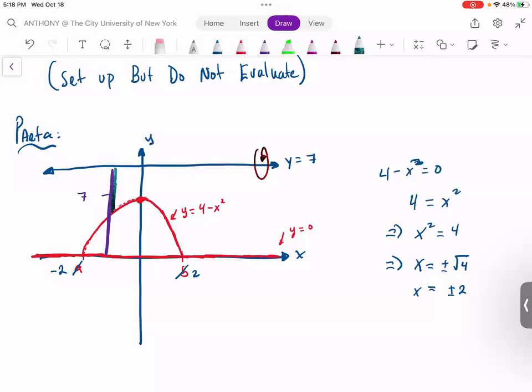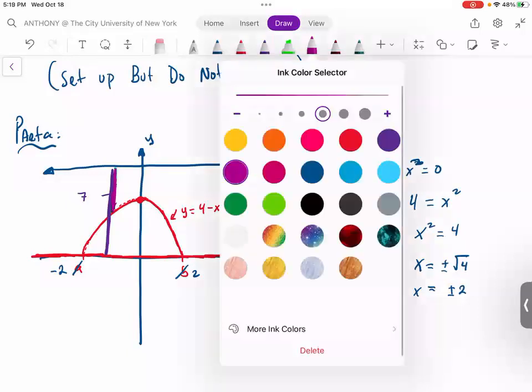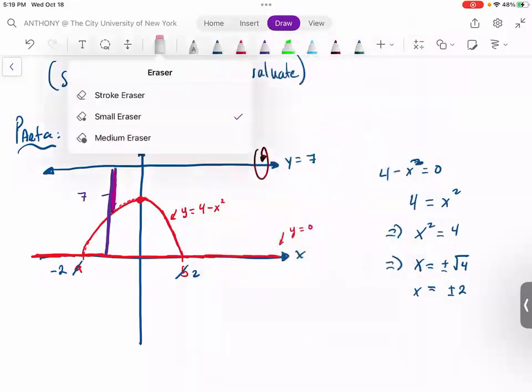Here's why it's not 3. That distance solely depends on, wait, let me change the color. This distance in the lighter shade, I should use a different shade. Make this a light blue. One sec.